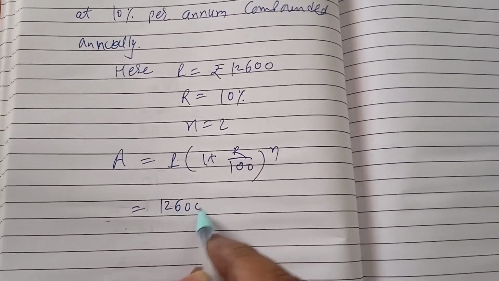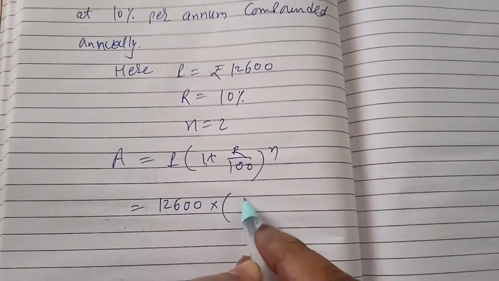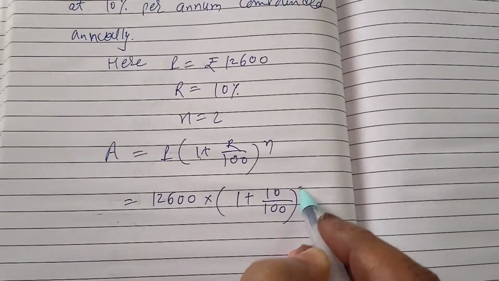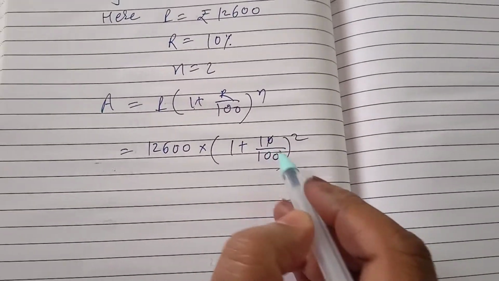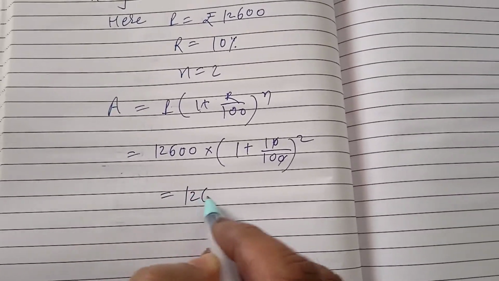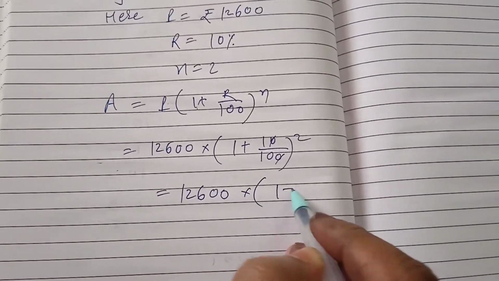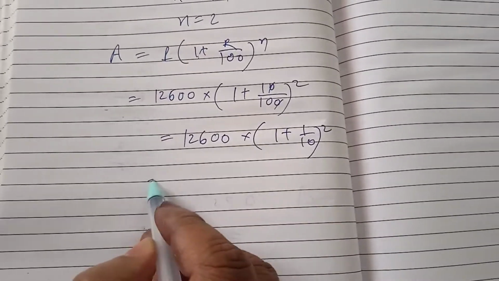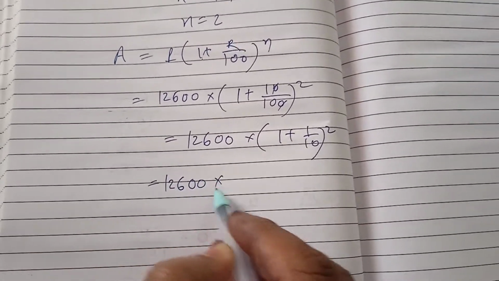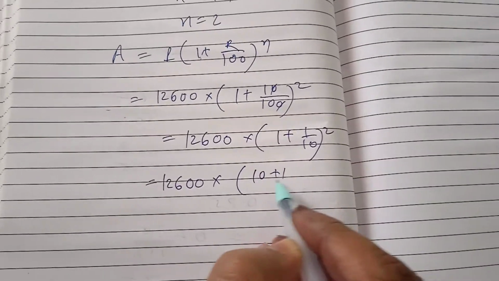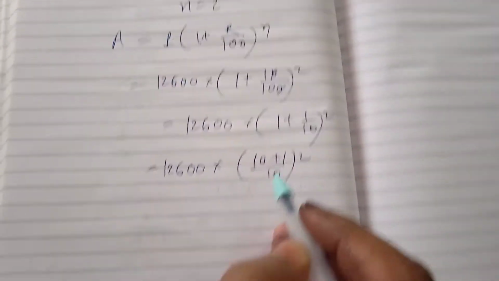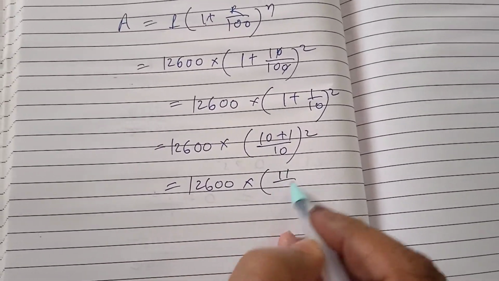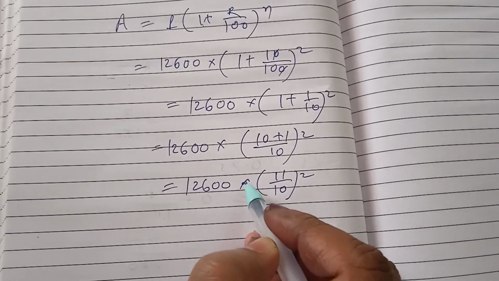P means principal 12,600 into bracket 1 plus R means 10 upon 100 bracket to the power 2. Here the zeros cancelled, means 12,600 into 1 plus 1 upon 10 whole square. Now we do the cross multiplication: 12,600 into 10 plus 1 upon 10 whole square, means 12,600 into 11 upon 10 whole square.